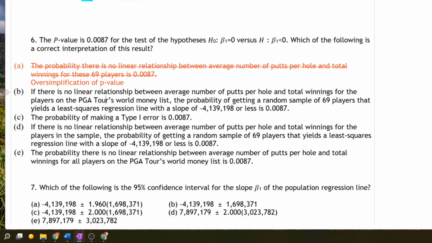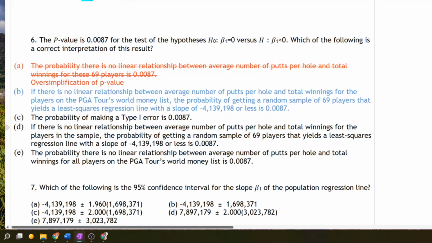Now that sounds like a really good answer. It's in context. It tells us, assuming that the null hypothesis is true. So everything here looks pretty good.